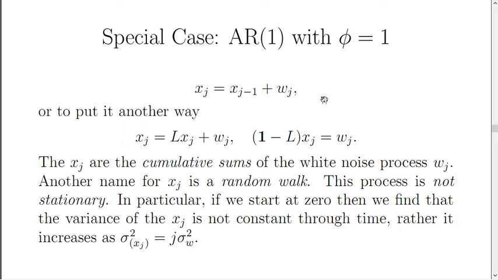It would be the cumulative sums of white noise terms. And one thing we can discover, if you want to analyze it, is that the variance of the data values is not constant. It increases as the values go further forward in time. In fact, for this particular process, the variance of the jth data value will be j times the variance of the white noise process.